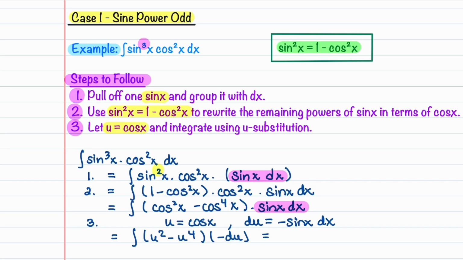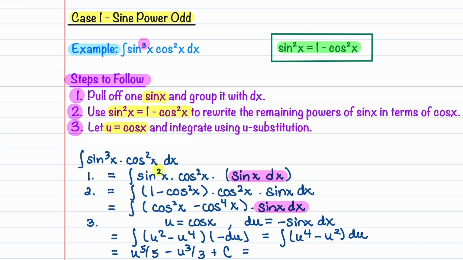Let's rewrite this and get rid of that negative. This gives us u⁴ minus u² du. Now we just go ahead and integrate. This is u⁵ over 5 minus u³ over 3 plus our arbitrary constant.